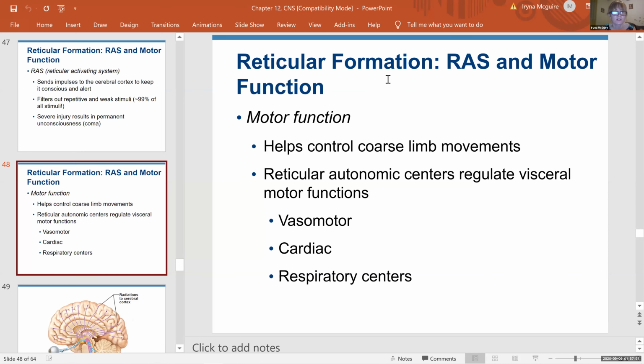But another function of the reticular formation is motor function, and it helps control gross limb movement. And the reticular autonomic center regulates visceral motor function: vasomotor, cardiac, respiratory centers, right? So that's a lot of important centers located in the reticular formation.